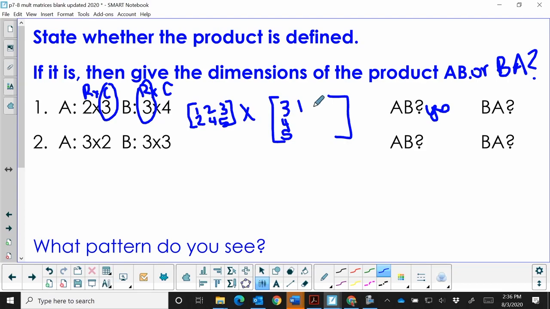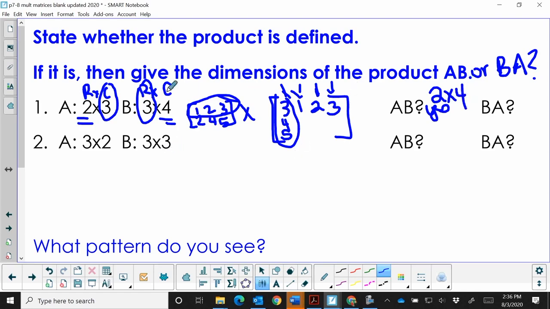So 3. I've got 1, 2, 3, 4 columns here. Can I multiply those together? Well, this row multiplies by this column, so it does match up. So the inner dimensions match, and guess what the answer is? The outer dimensions. So that means my answer is going to end up being a 2 by a 4 matrix.